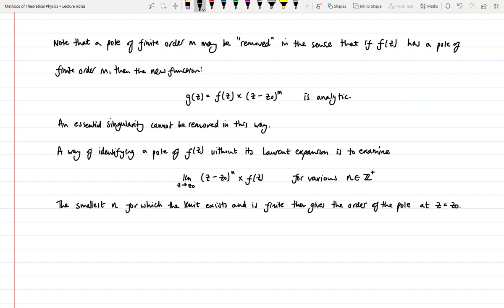For essential singularities, this expression won't converge for any finite value of n.